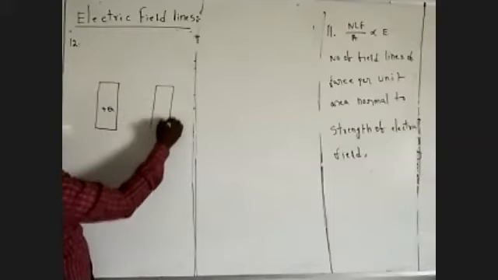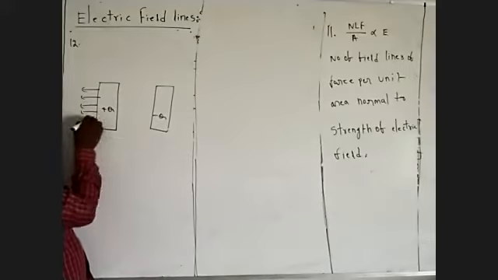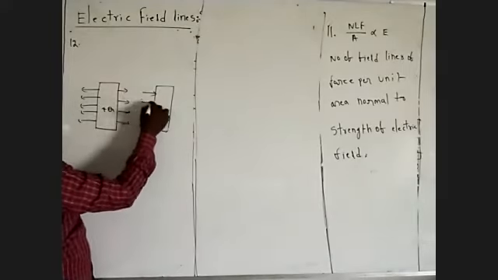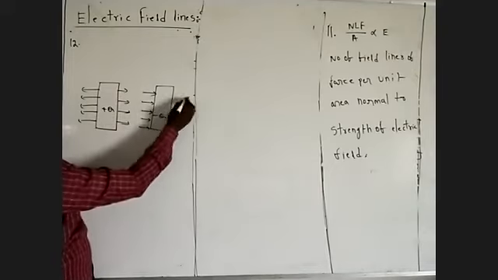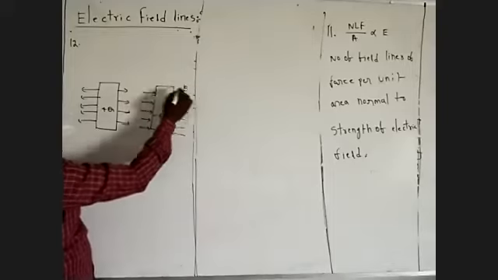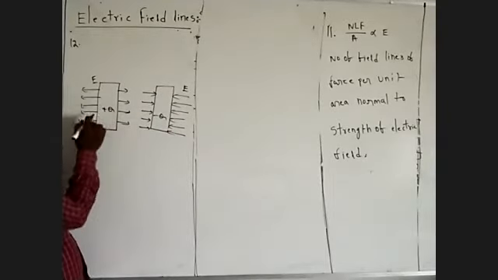This is a negative charge. Positive charge means the electric field is in the outward direction. Negative charge means the electric field is inwards. This symbol indicates the electric field.